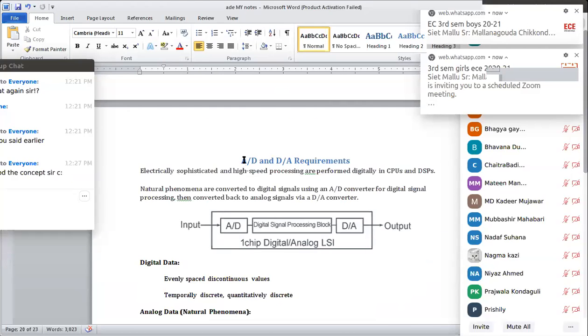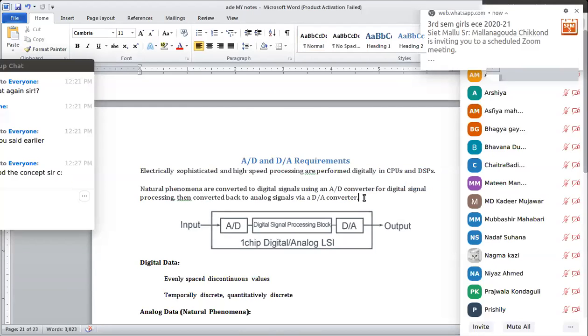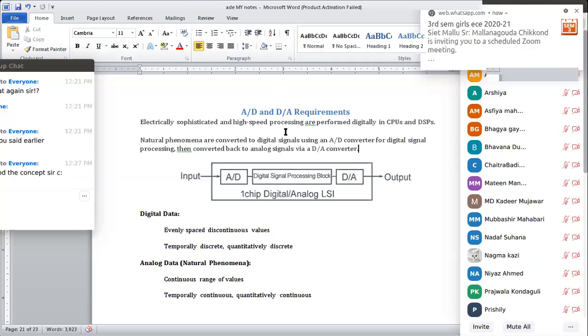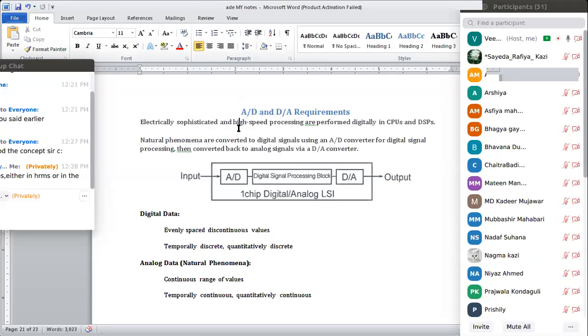I think the time is also up to the end. We will just see what the actual requirement of analog to digital or digital to analog conversion is. In the environment, everything is available in analog mode. Analog signals cannot be processed at a higher speed.